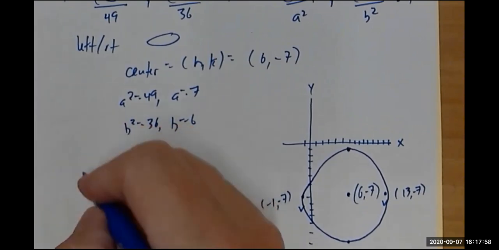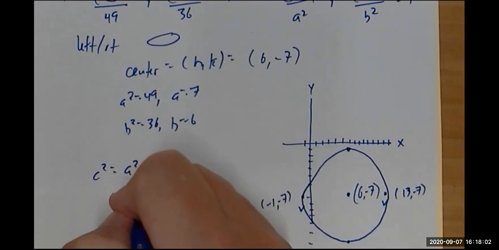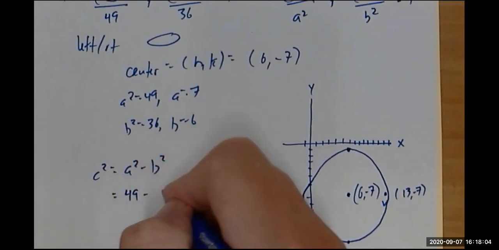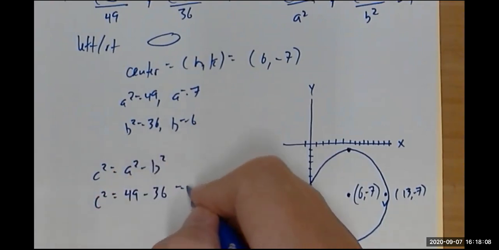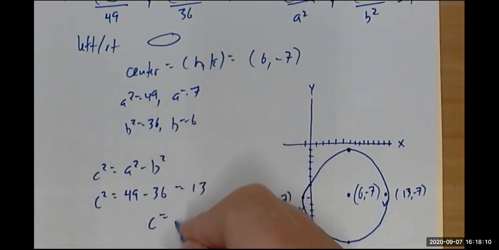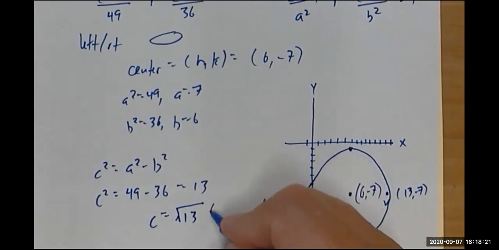Now the foci. c squared is a squared, 49, minus b squared, which is 36. So c is square root of 13, which does not simplify. Just so we can graph it, square root of 13 is around 3.6.